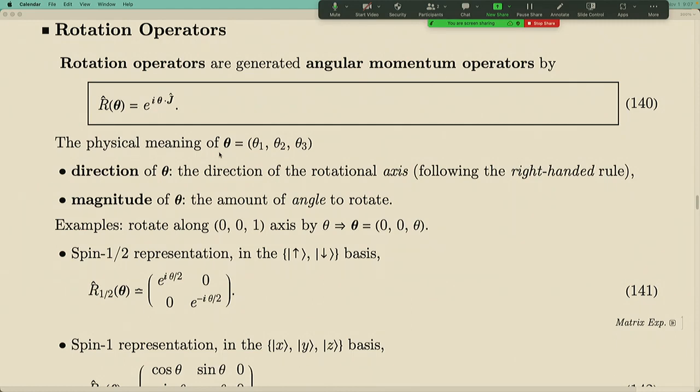This may not be very obvious, but you can consider a scenario. This is the z-axis. For example, this is x and this is y. Previously, we have learned that if you have a spin 1/2 particle along the positive x direction, which means sigma x equals +1, this state is represented as 1, 1 over square root 2.